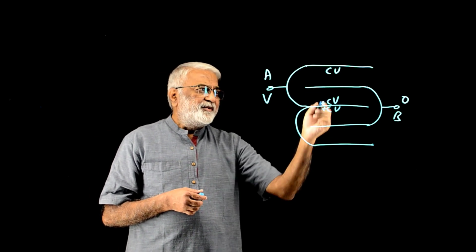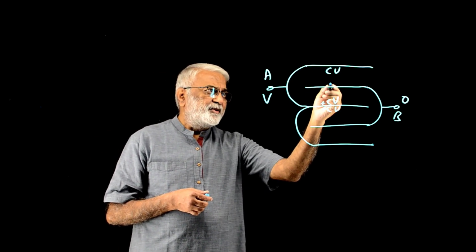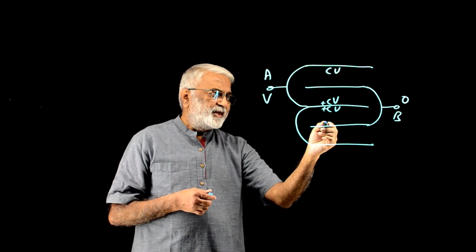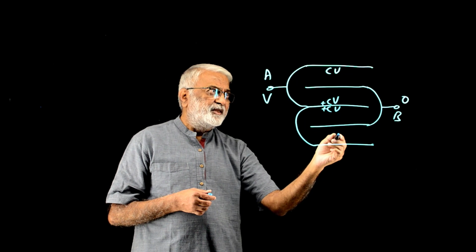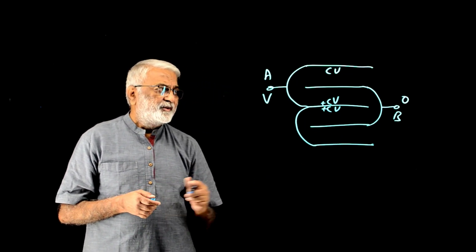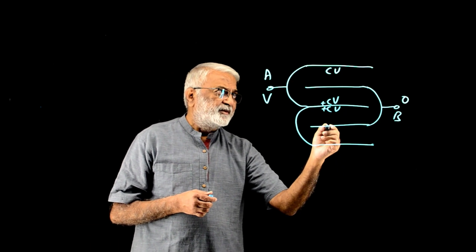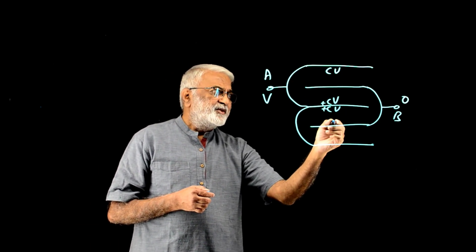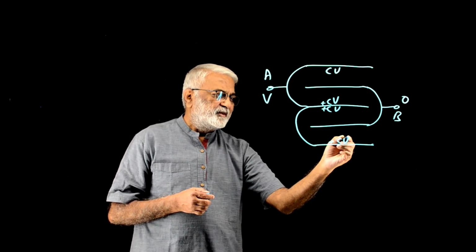And there will be minus CV here on both surfaces. You have minus CV, this is again minus CV, and this will be plus CV. So this is plus CV, right? This is V and this is 0, so there will be plus CV.